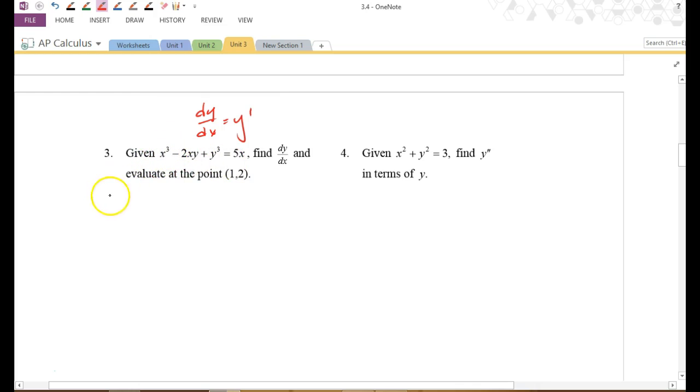So x cubed derivative would be 3x squared. Now notice on this term I have two things that are being multiplied. Okay, so the first thing I'm going to do is I'm going to pull the minus 2 off. And I'm going to treat this x and y as two quantities that are being multiplied. So to derive two quantities that are being multiplied, I have to do the product rule.